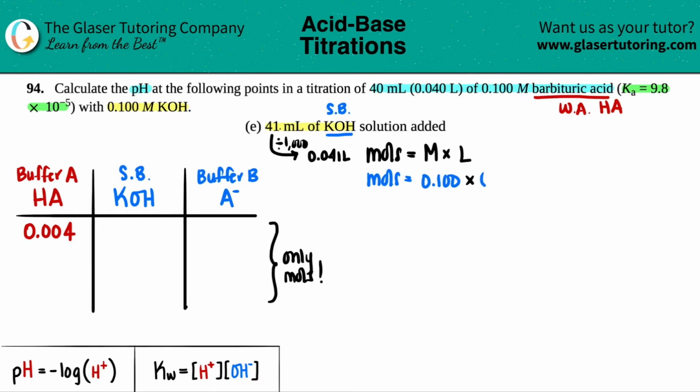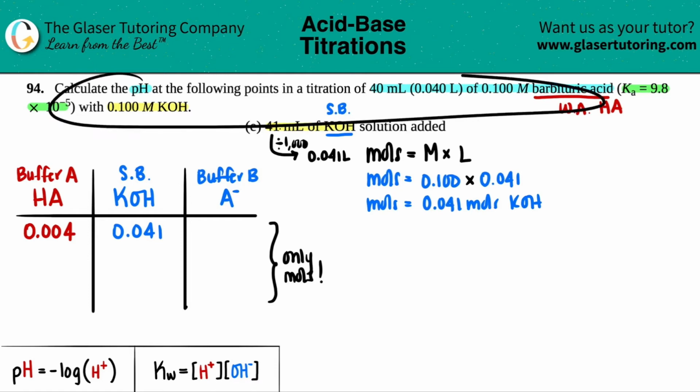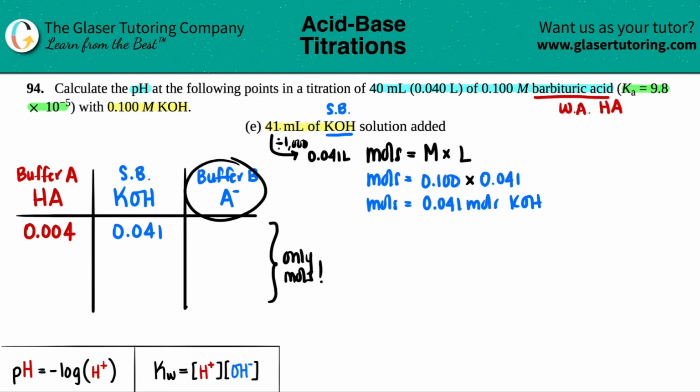And that's the number that goes over here, 0.041 liters. If I multiply those together, I get 0.041 moles of the KOH. And that's my starting amount over here. So 0.041.